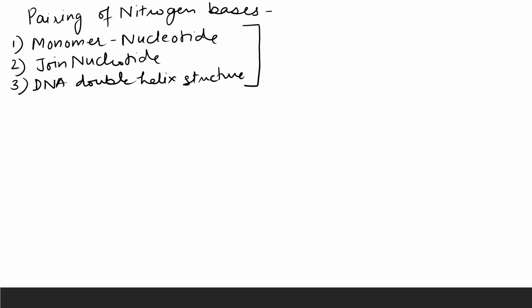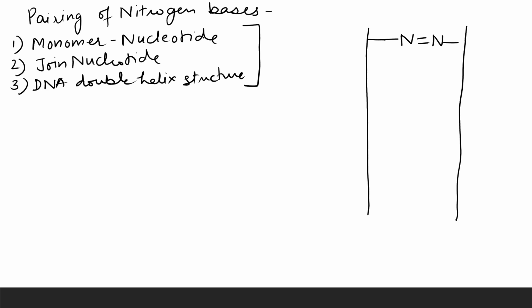So what is a DNA structure? We know that DNA is a double chain structure, and in this double chain there is a nitrogen base pairing, right? So how do the base pairs attach? Like this. So two base pairs are attached in a DNA double helix.